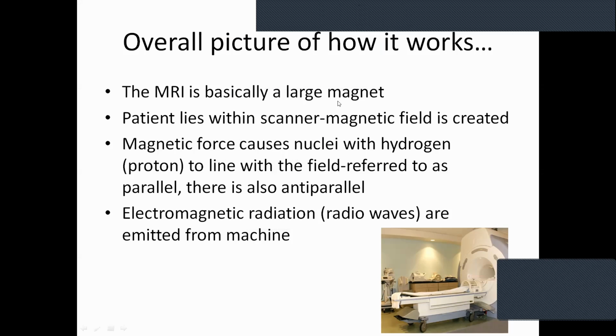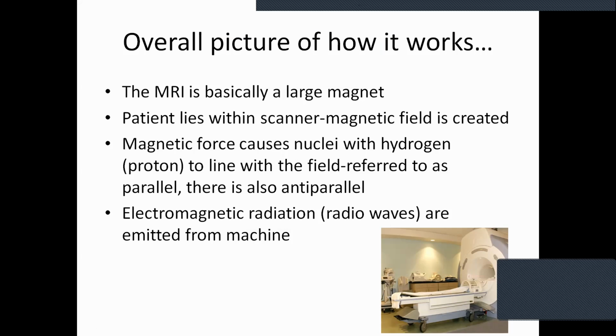Similarly, if the patient lies within the scanner's magnetic field, magnetic forces cause the hydrogen nuclei to align in the parallel direction. Therefore electromagnetic rays are generated from the machine.